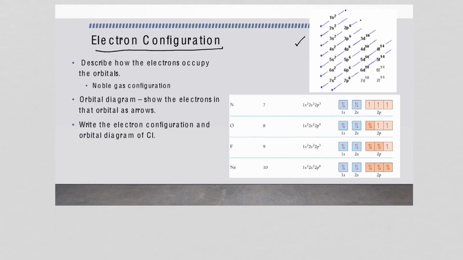Now, this is where either using the periodic table or this kind of chart can be helpful, is that it automatically, after the 3p, takes us to the 4s, right, and not the 3d. So we go to the 4s, then we go to the 3d, the 4p, and the 5s, and we just keep going until we use up all the electrons.